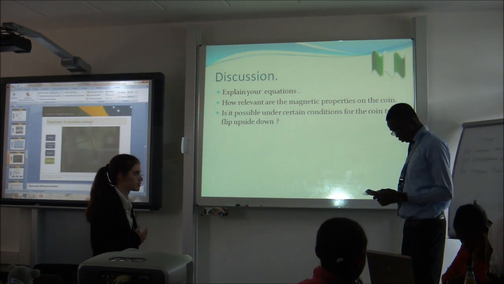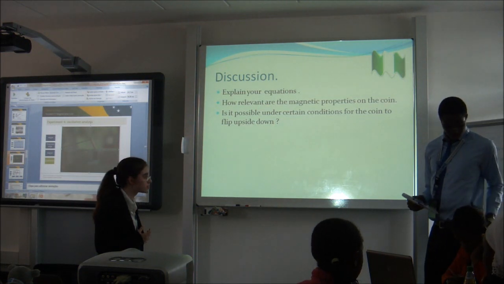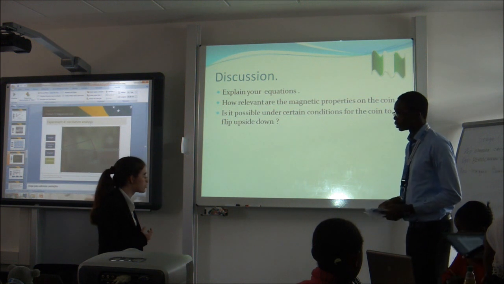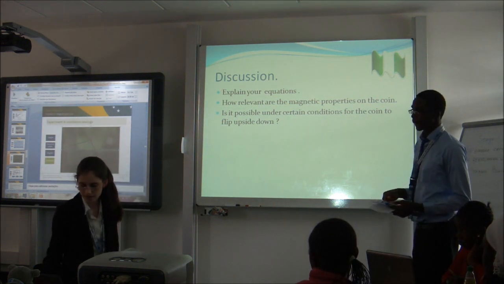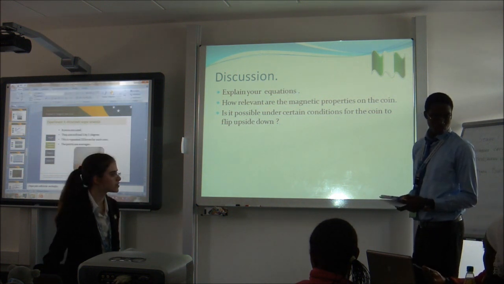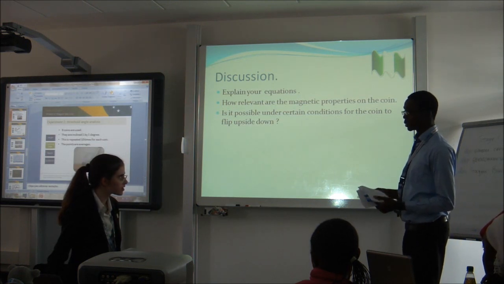Okay. Do you think the strength of the magnet will affect the experiment? Sorry? The strength of the magnet. No, we didn't calculate the strength of the magnet. Actually, we took the magnetic force. Do you think it will affect the experiment, the strength?